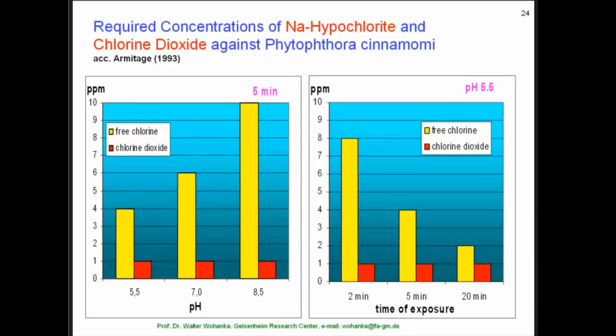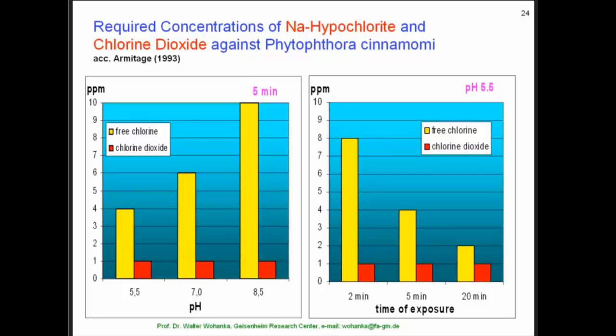With the next slide, I would like to demonstrate two important differences between chlorine and chlorine dioxide. This example is about the efficacy of chlorine and chlorine dioxide against Phytophthora cinnamomi.